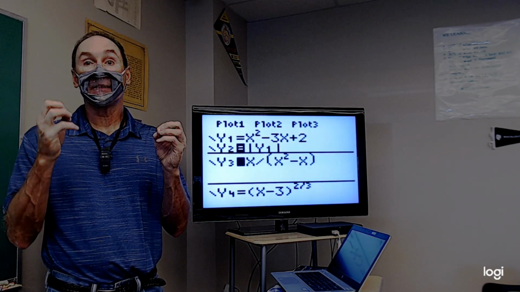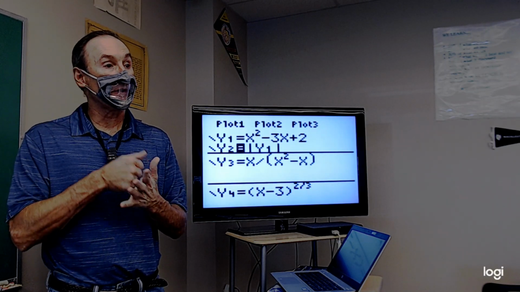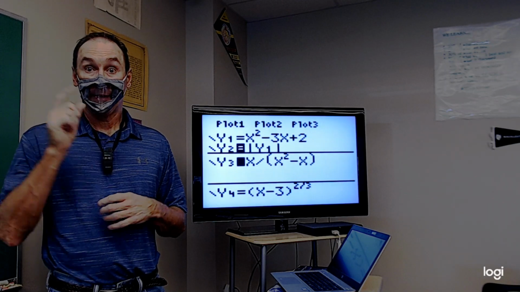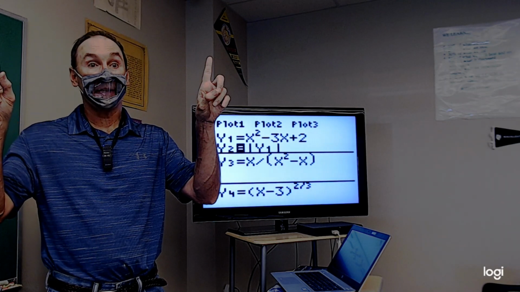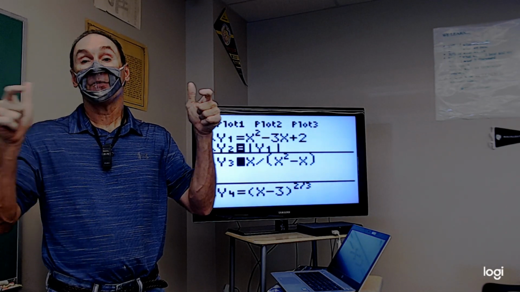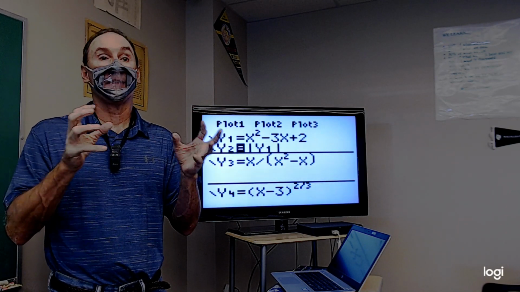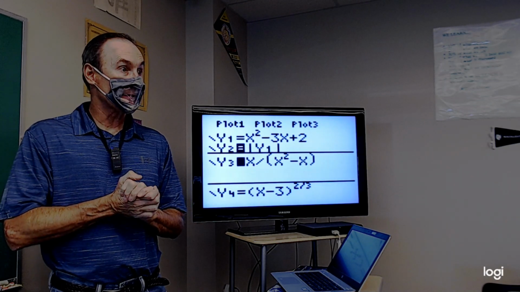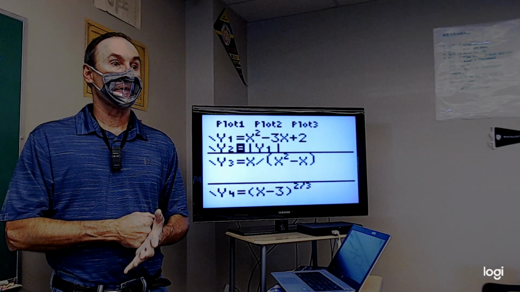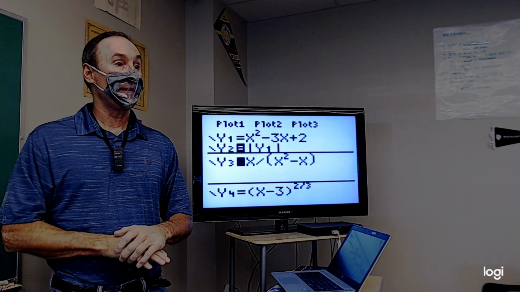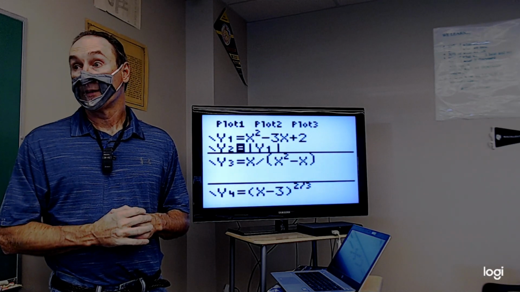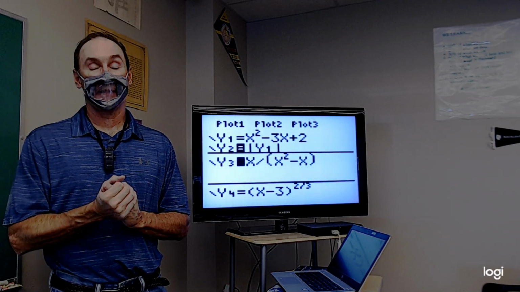And the reason is because of how it does the derivative, that symmetric difference quotient with 1/1000th on either side. And so what you need to know is, you're going to have to recognize when the derivative doesn't exist. We'll talk more about that next time. And not use your calculator to find the derivative at a point where it doesn't exist. Because the calculator will go on its merry way and give you an incorrect answer.